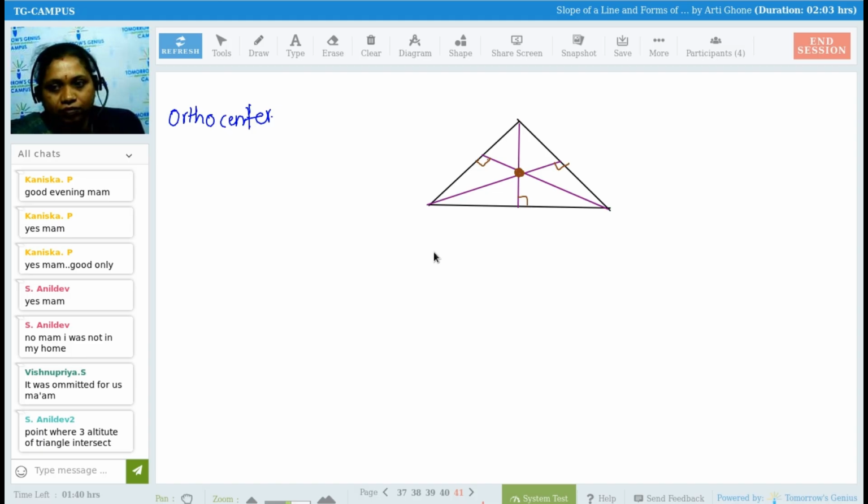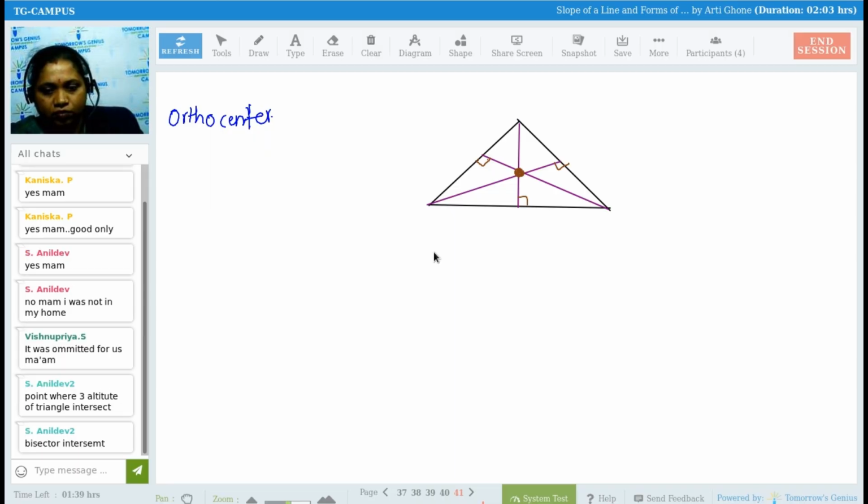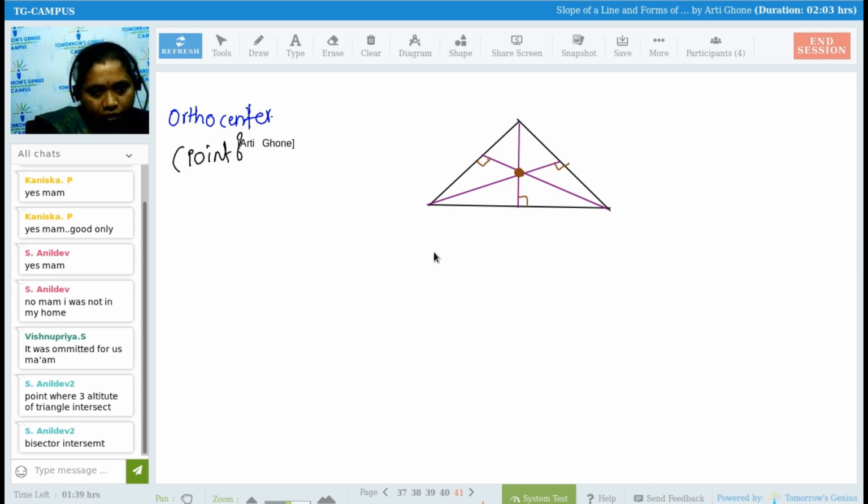Good, Anil Dev. Now what is the incenter? Good. So we have to remember, the orthocenter is the point of intersection of altitudes.